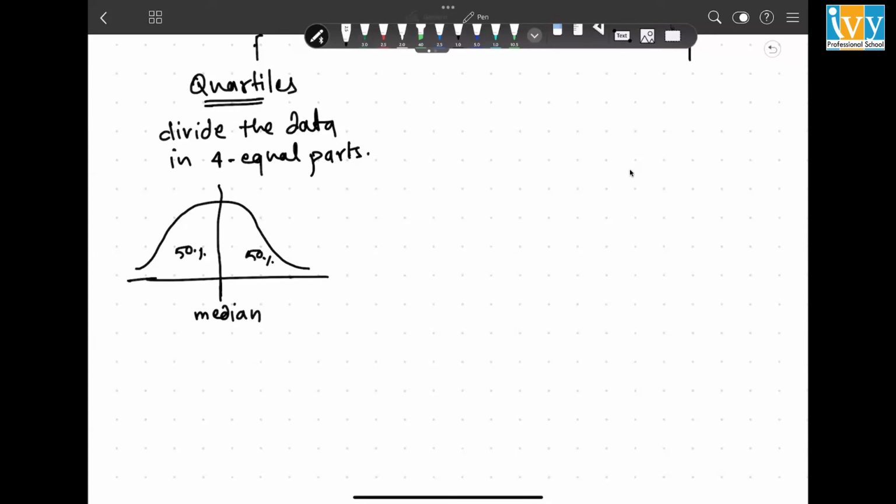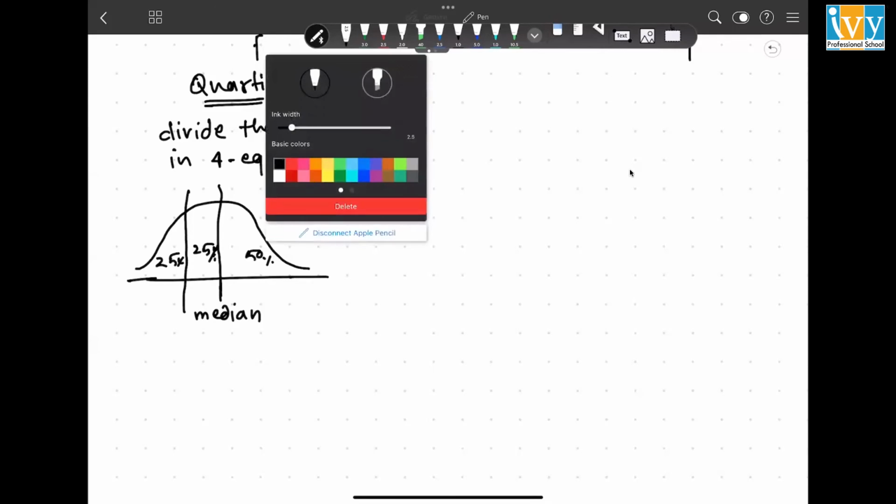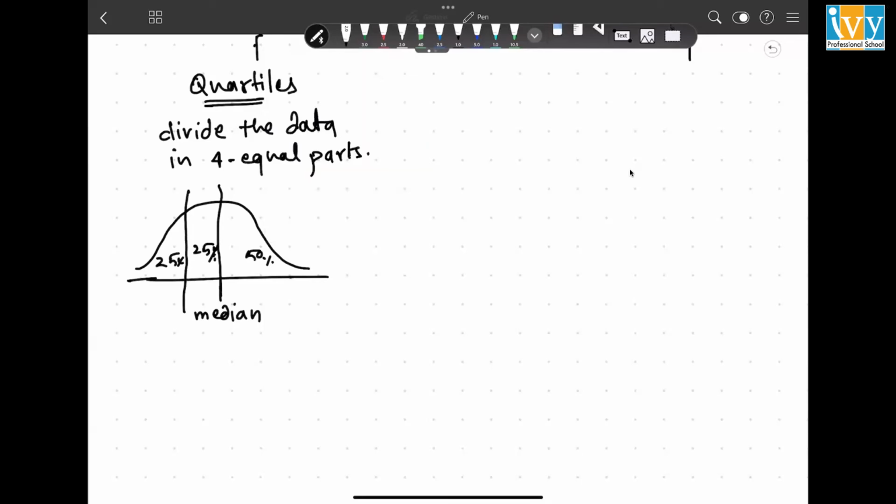If I take this 50% and further divide it into 2 parts, 25, 25. Yes. If I take this, and further divide it into 2 parts.